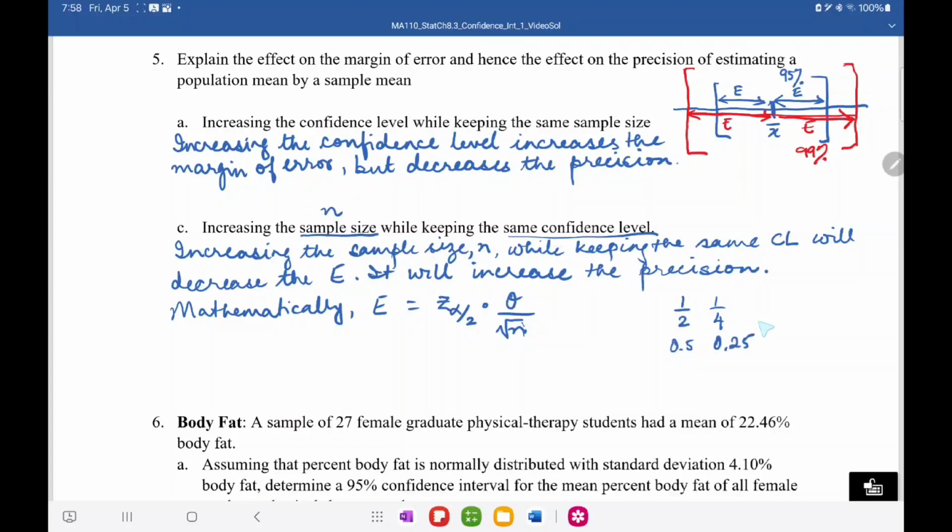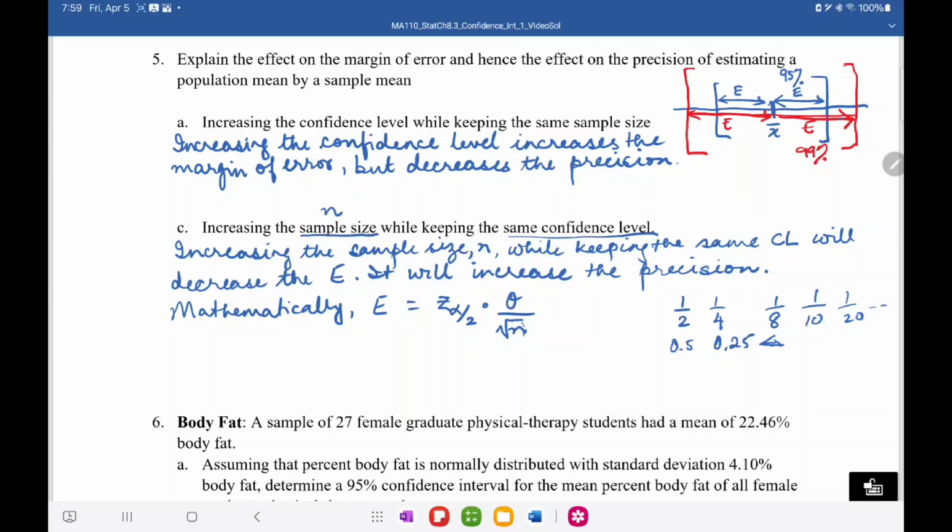Now, if we increase the denominator further to 1/8, then that is an even smaller value than 0.25. If we keep on increasing it to 1/10 and 1/20, what is going to happen? The quotient is going to get smaller and smaller.